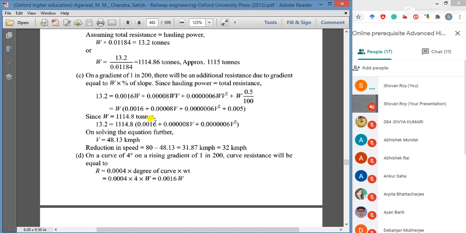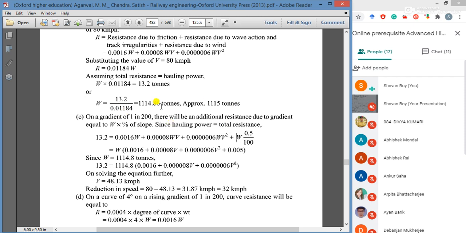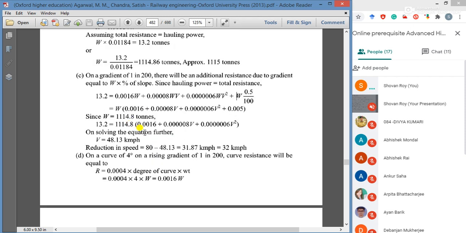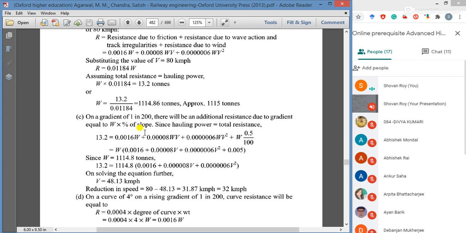After that, calculate the V. Now V is important because we already have the W value, and velocity is reducing due to gradient.